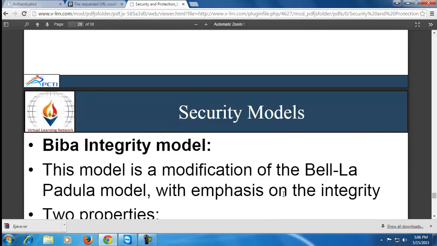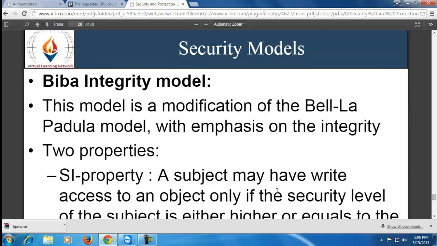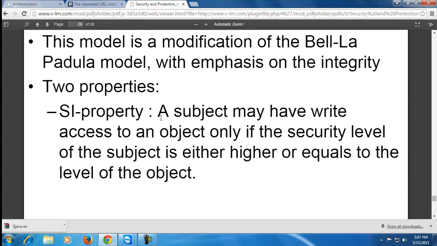Next is security models: the Biba integrity model. This model is a modification of the Bell-LaPadula model with the emphasis on integrity, and two properties are mainly followed. The SI property: a subject may have write access to an object only if the security level of the subject is either higher than or equal to the level of the object which we are accessing.